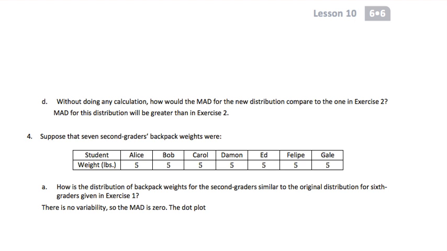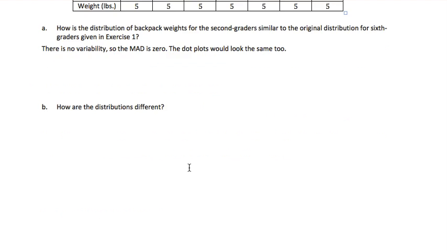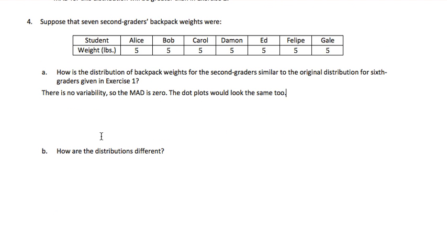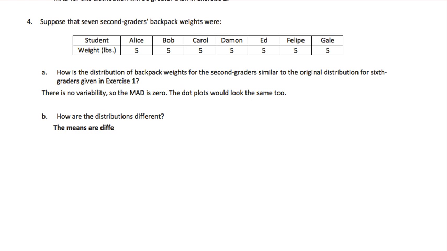And the dot plots would look the same too, except of course for the number that's below that set of dots. How are the distributions different? The actual means are different. One mean is 18 and the other is 5.